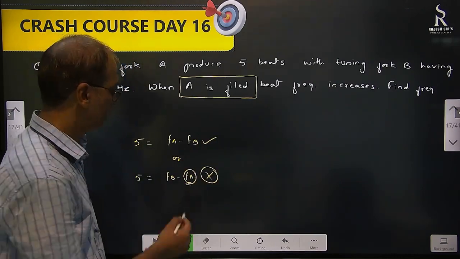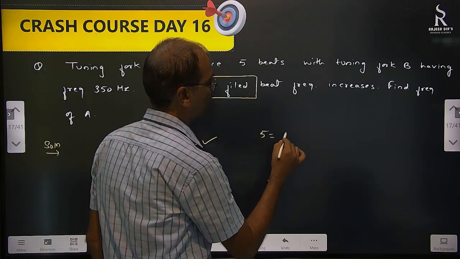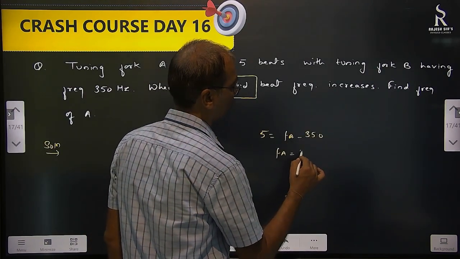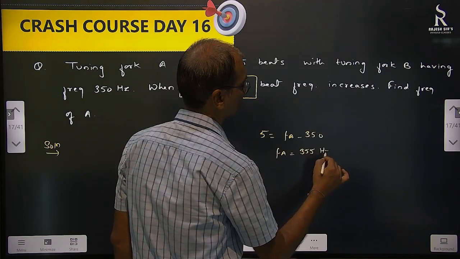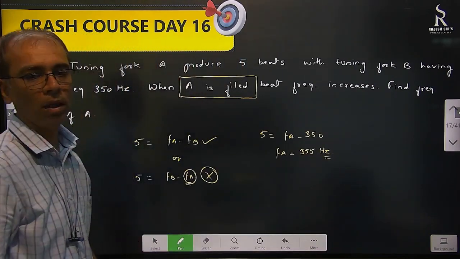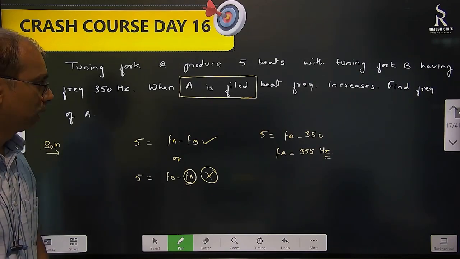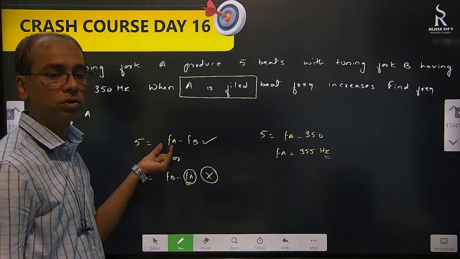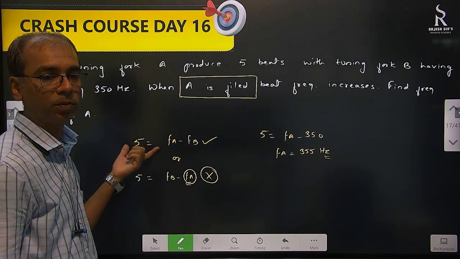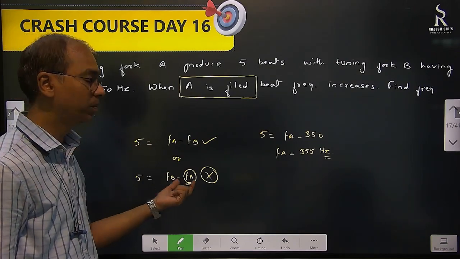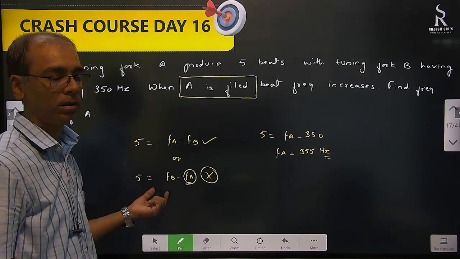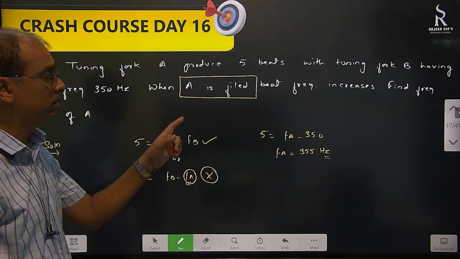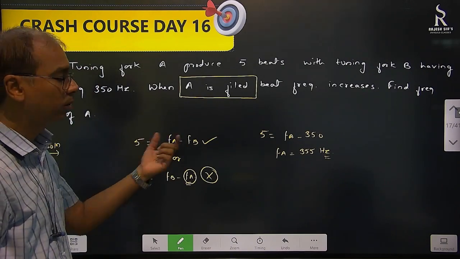Putting FB: 5 equals FA minus 350, so FA is 355 Hz. In the other case it is not possible, because you are subtracting A from B. If B is the same and A increases, the difference is going to decrease only. The question wants it to increase, so only this is possible.